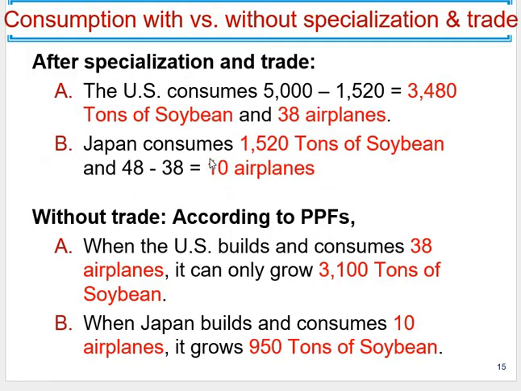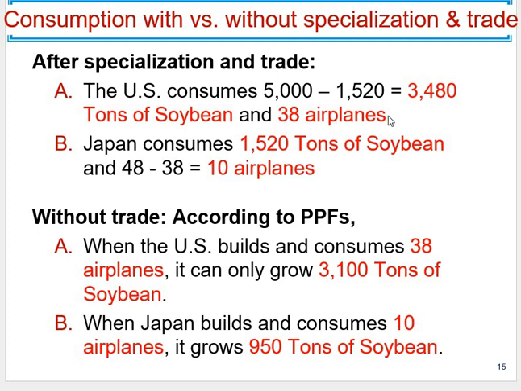So first, we can calculate, after allowing for specialization and trade, how many soybeans the U.S. can consume and how many airplanes the U.S. now has. So with the trade, the U.S. has to pay Japan with 1,520 tons of soybeans. So it's left with 3,480 tons of soybeans.